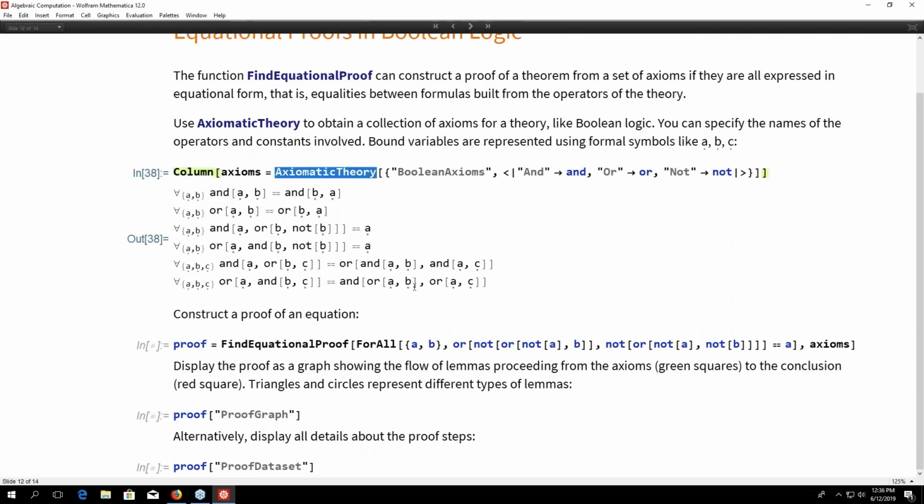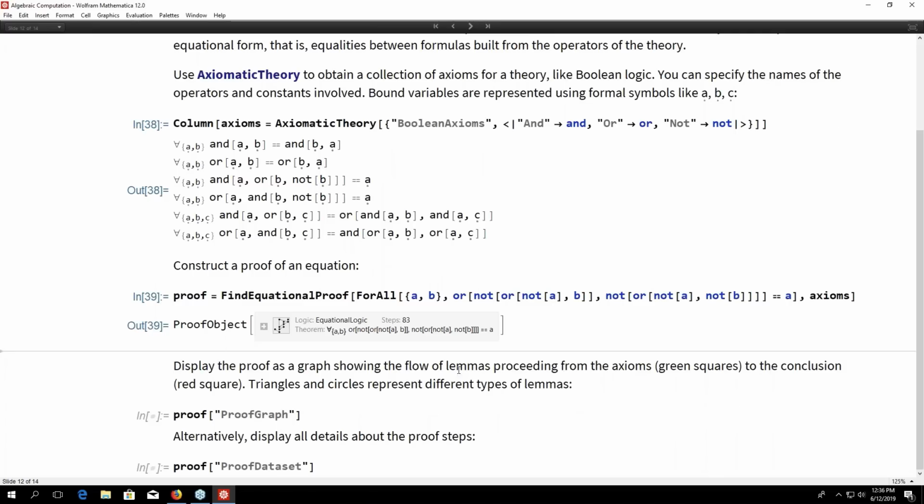Here are the axioms. Now we can prove this statement from the axioms. And we get back a proof object. So it's a proof with 83 steps.